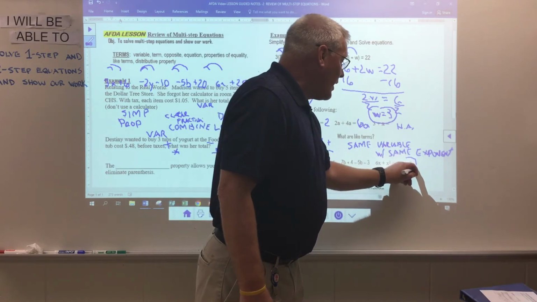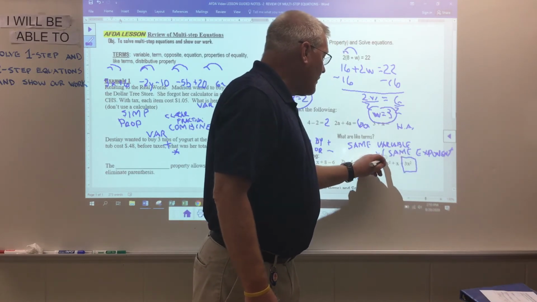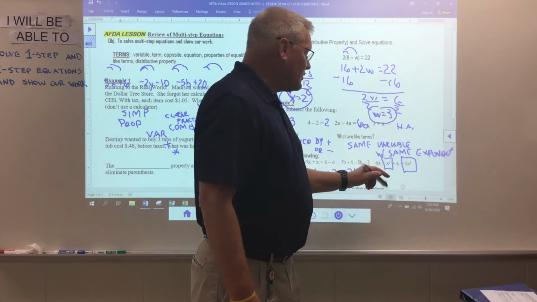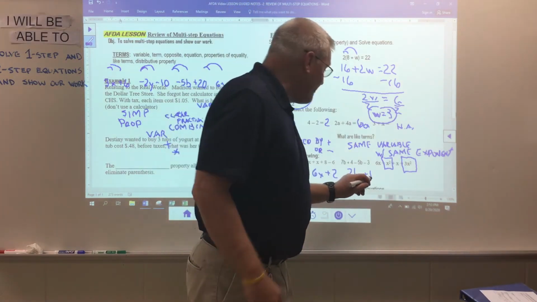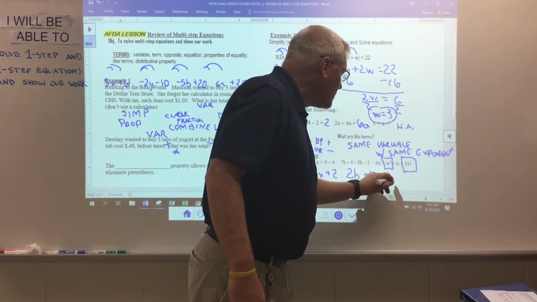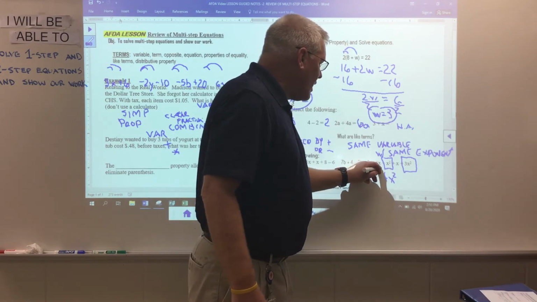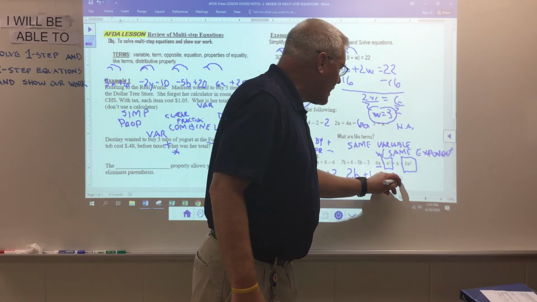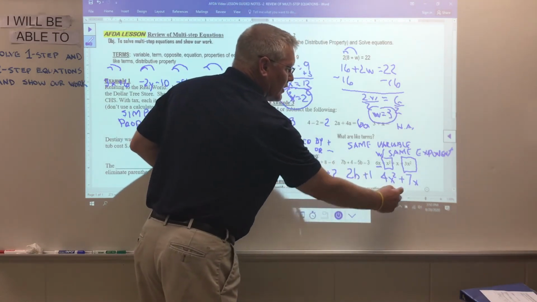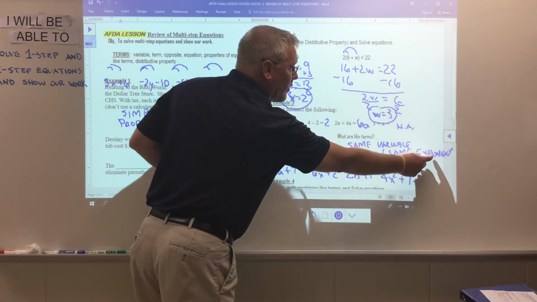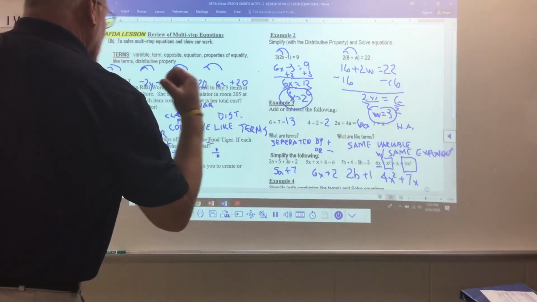Now, this x squared and this x squared right here, they're like terms. So there's 1 there and 3 x squares there. So that's a total of 4 x squares. And we actually have a 6x plus 1 more x. That makes a total of 7x. Now, these are not like terms. They're the same variable, but they don't have the same exponent. Let's continue.